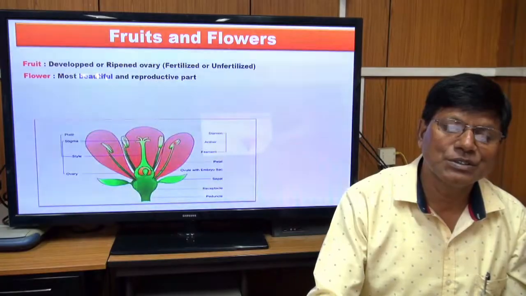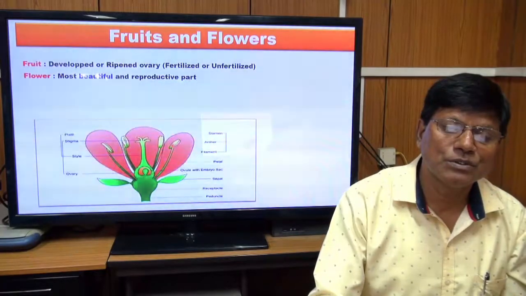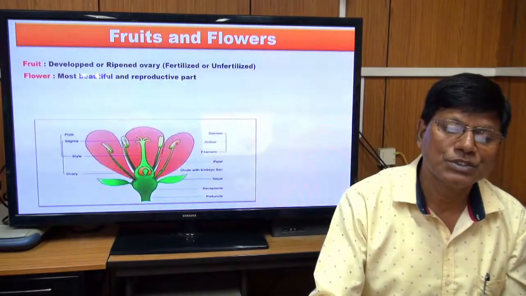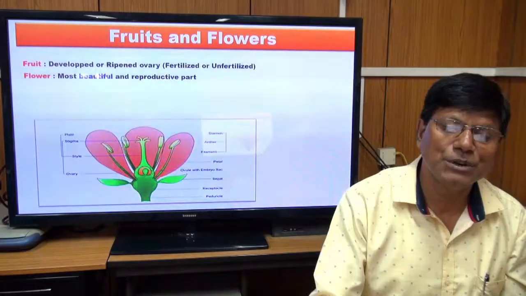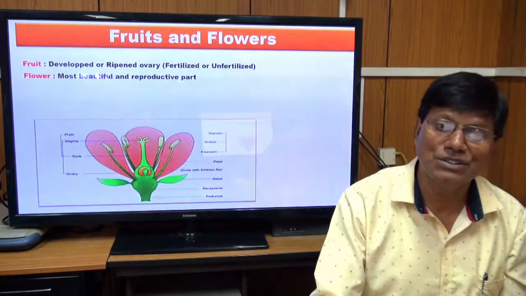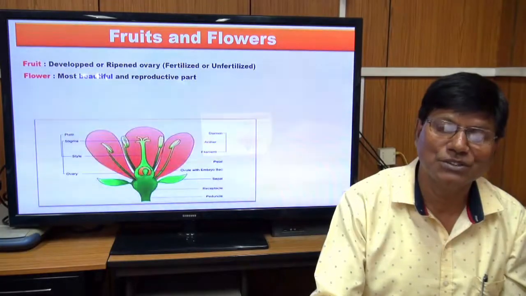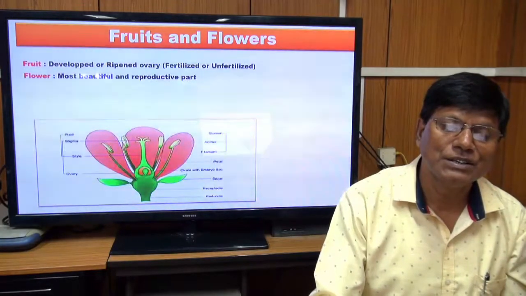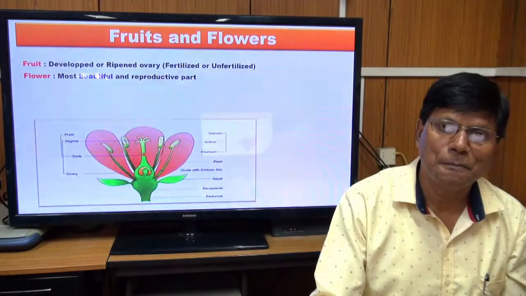This globulous structure based on a thread-like structure, the filament, this is the male reproductive part, androecium, and at the center, gynoecium.